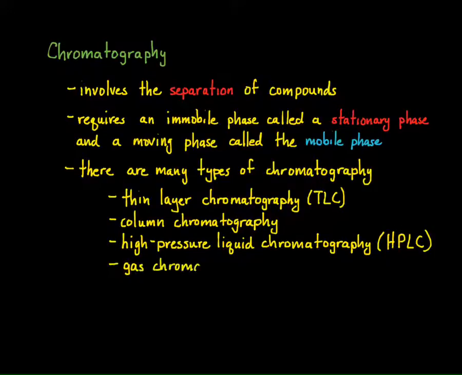Now, another way of separating components quantitatively is through what's called gas chromatography, or GC. So these two latter techniques are quantitative techniques, whereas the two former techniques, the TLC and column chromatography, are really a qualitative type of process.